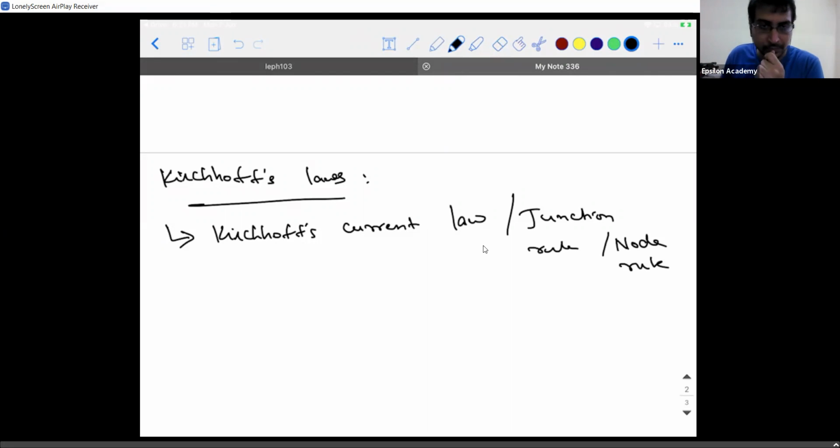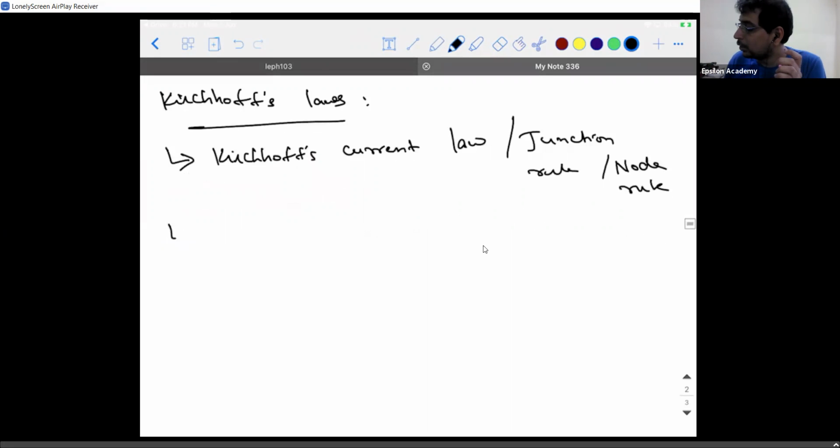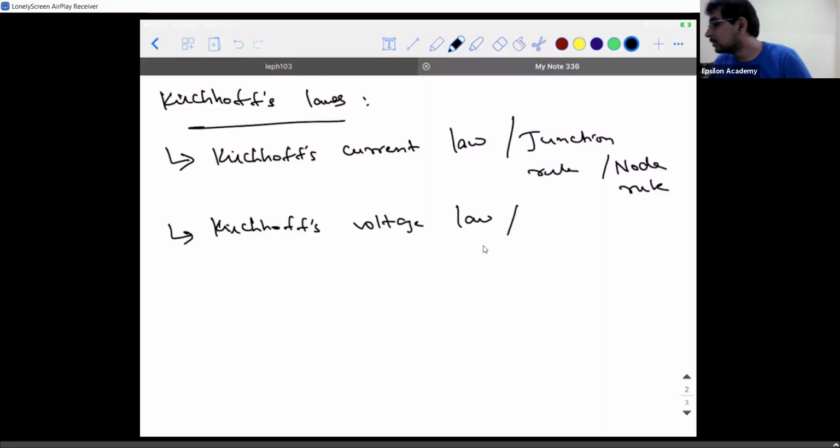So it's either called Kirchhoff's current law, junction rule, or node rule. The second law is what we call Kirchhoff's voltage law, or this is also called loop rule.